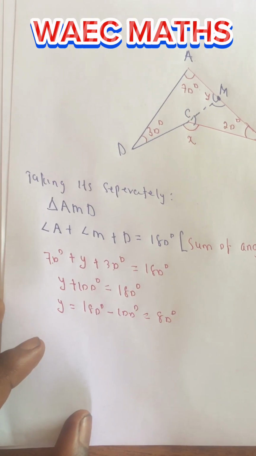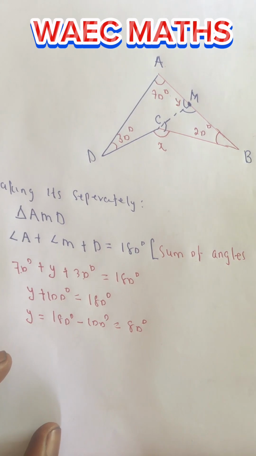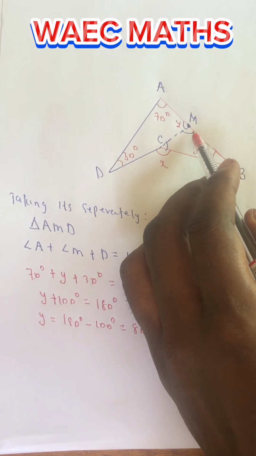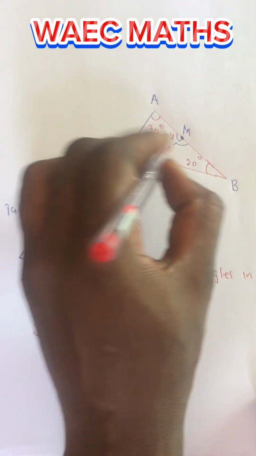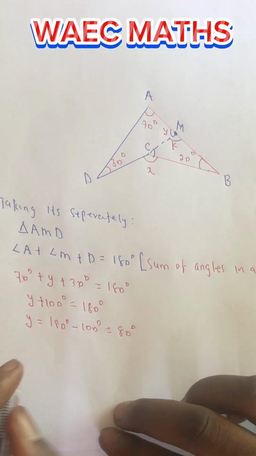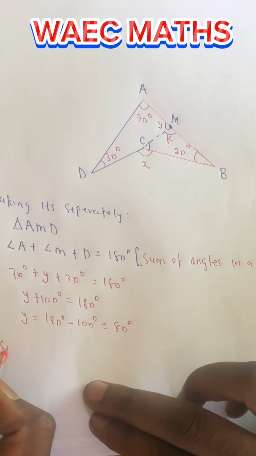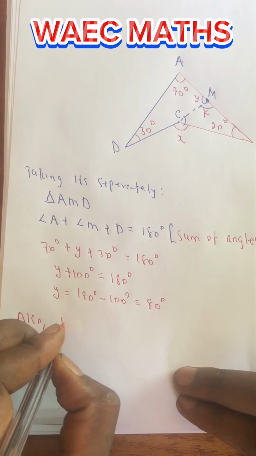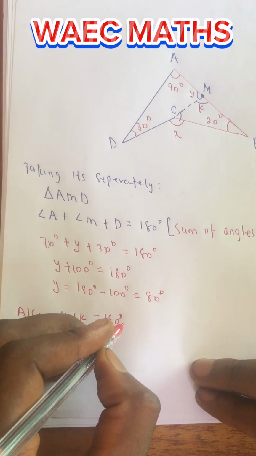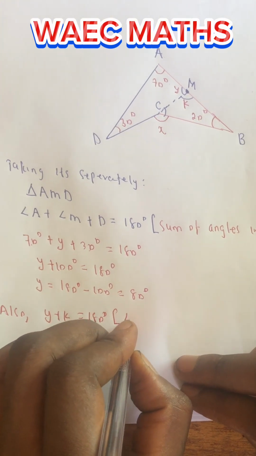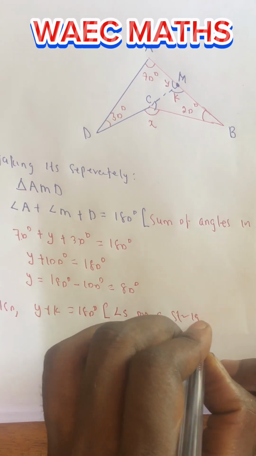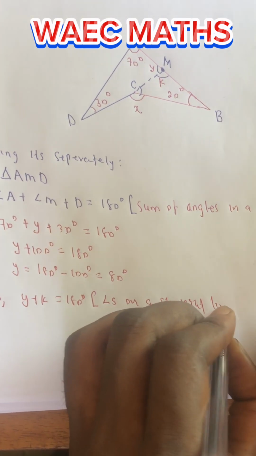Since I know the angle at that point now, I can also calculate the angle here. Let's call it K. So we can see that Y plus K is equal to 180 degrees, and the reason is angles on a straight line.